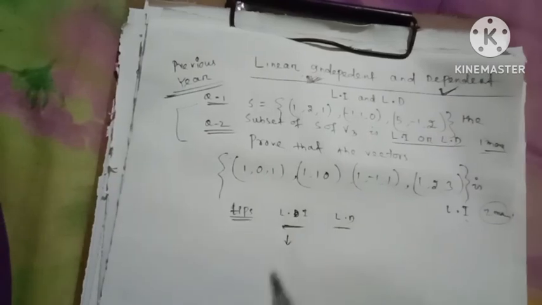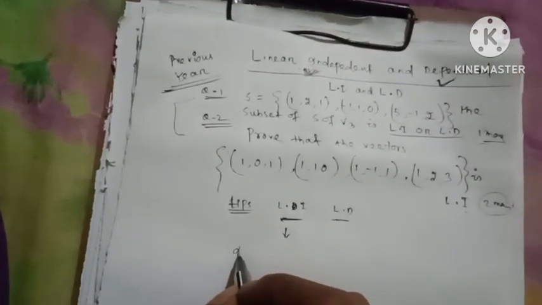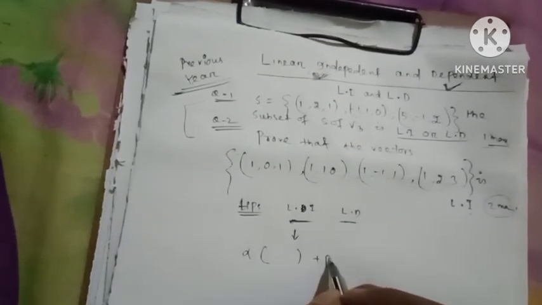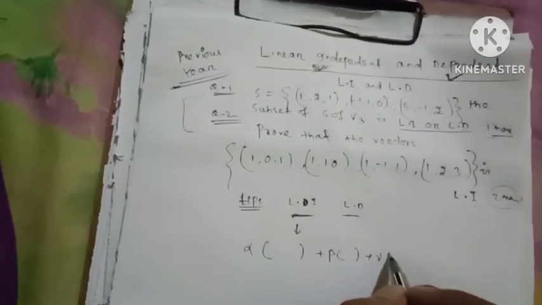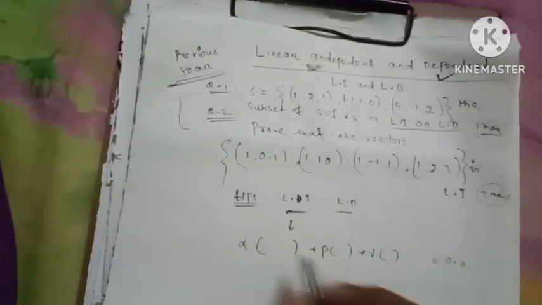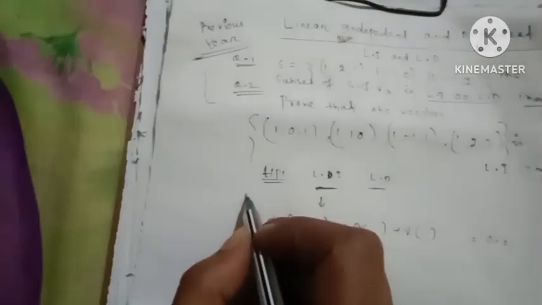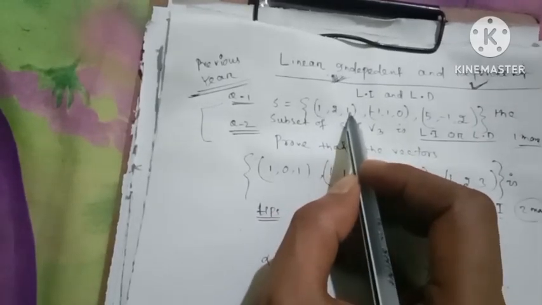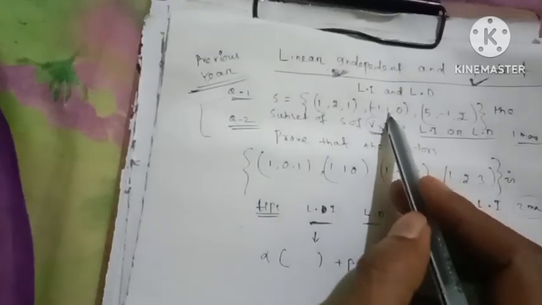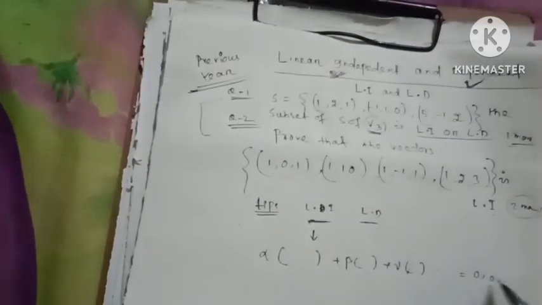Linear independence means the sum of a scalar alpha times this vector plus beta times this vector plus gamma times this vector and so on equals 0. Suppose we have vectors in the 3-vector space, like (1, 2, 1), (-1, 0). Alpha times this vector plus beta times this vector plus gamma times this vector equals 0.